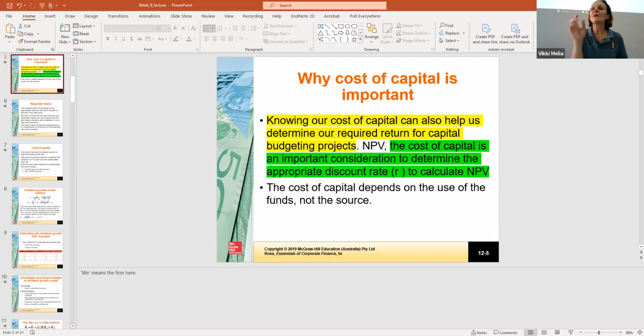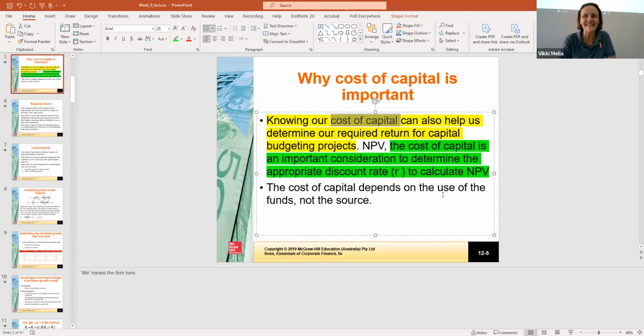The company's required rate of return to invest in an asset is largely influenced by the cost of getting the money to invest in the asset. That's a really important consideration because we need to make sure that we can at least cover the cost of getting the money to invest in the asset. Ideally, we want to make money, but we need to at least cover that cost of capital.